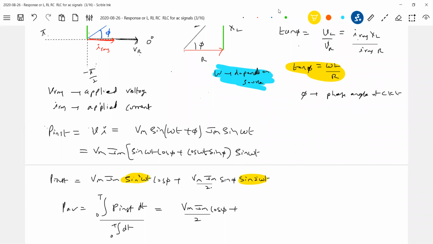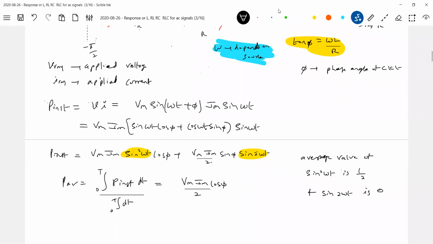Whereas the average value of sine square omega t is 1 by 2. Substituting all this and solving, I ended up with this much of the equation. Got it now?